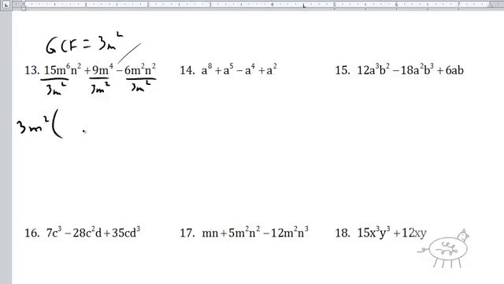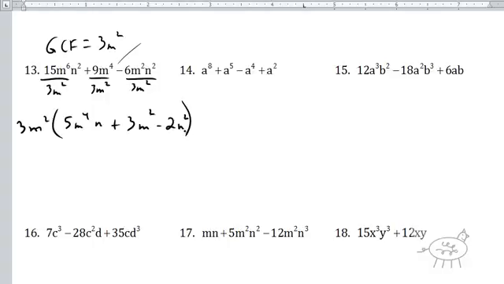So 3m squared, and then you get 5m to the 4th n. Oops, let's get rid of that parenthesis. Okay, and then plus 3m squared, and then minus 2n squared. That's it, dividing it out.